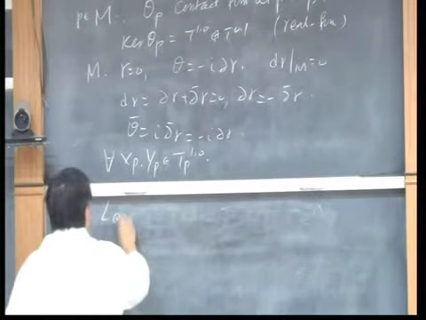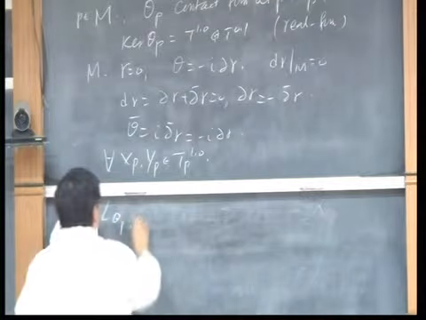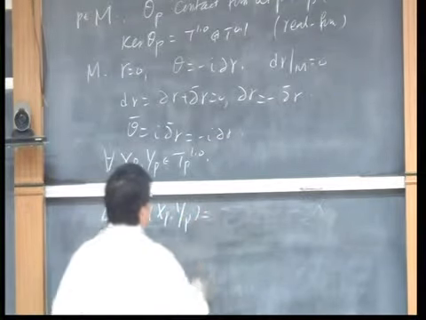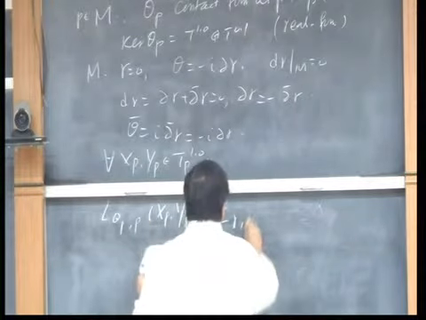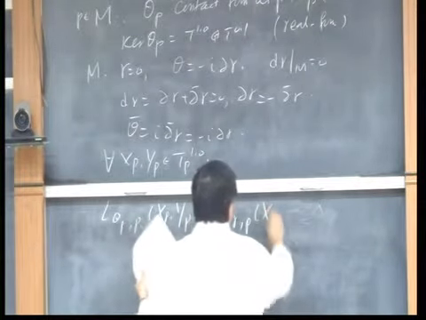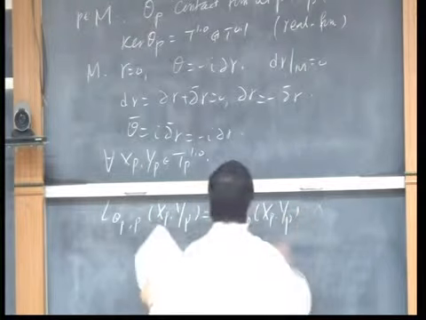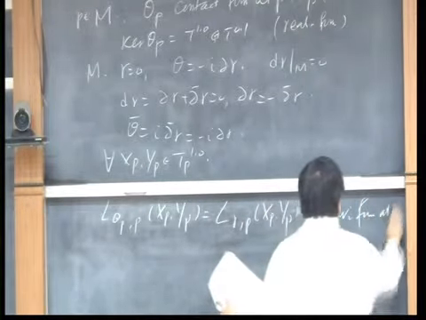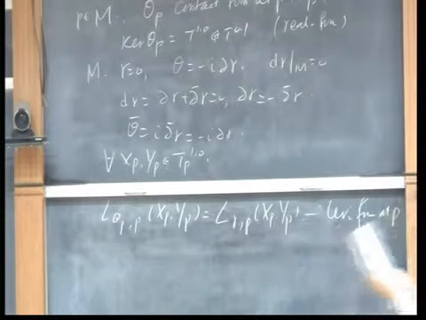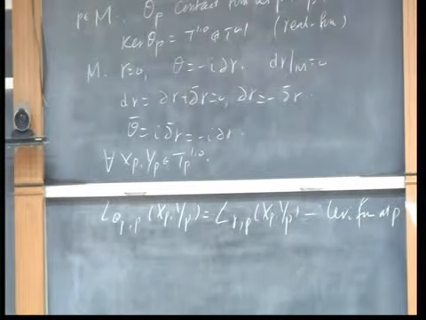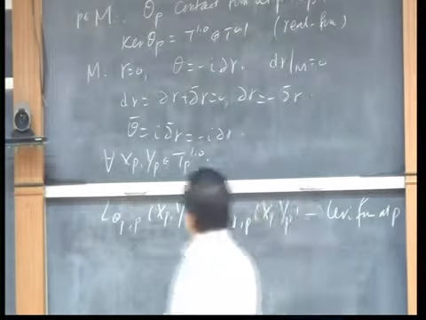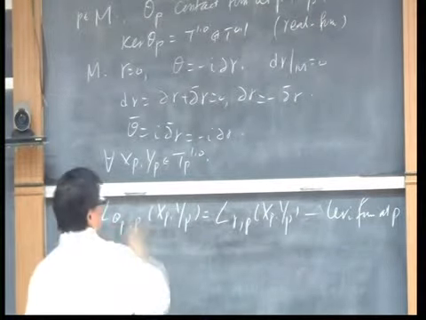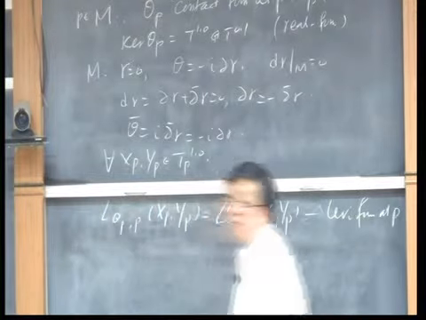The contact form, the Levi form associated with this, you exactly define the Levi form at P. So this is called the Levi form at P. In the strongly pseudoconvex case, we always assume this form to be positive definite.